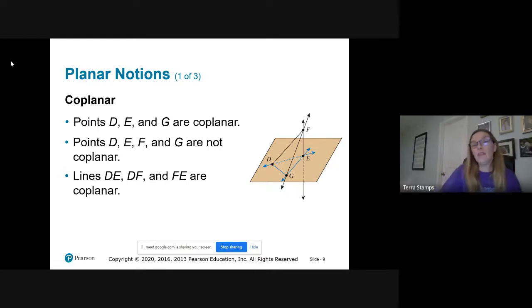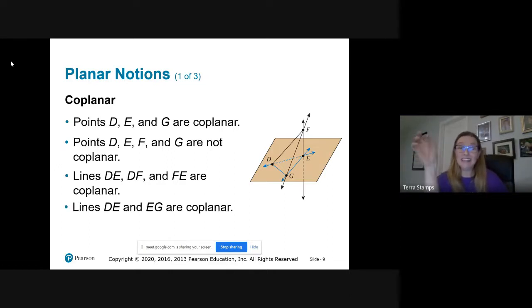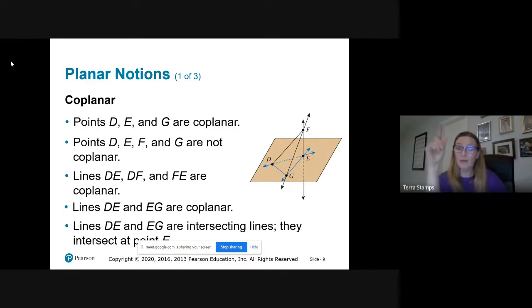We can talk about lines being coplanar or non-coplanar. So lines DE, DF, and FE are coplanar, whereas lines DE and EG are also coplanar, but DE and EG are intersecting lines as well.